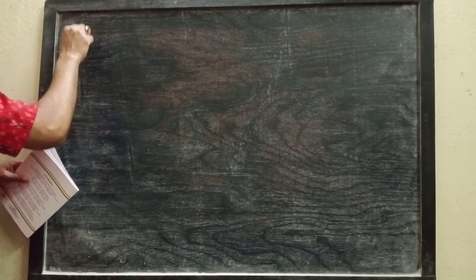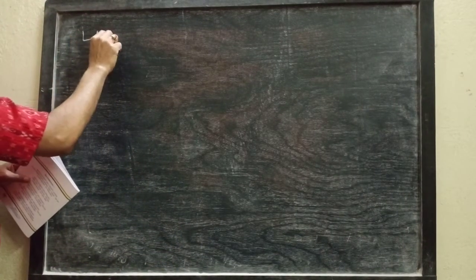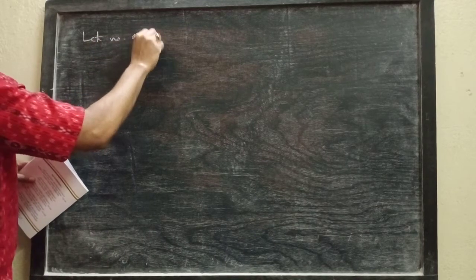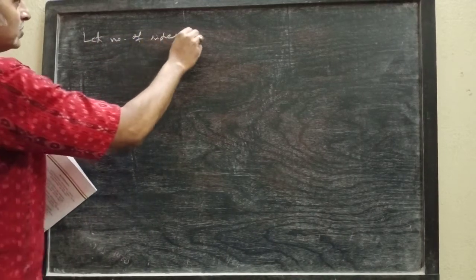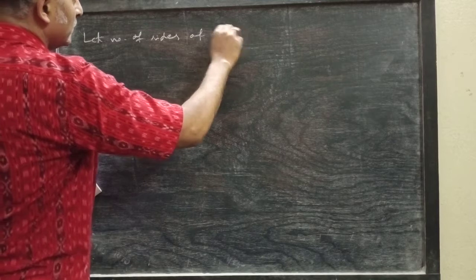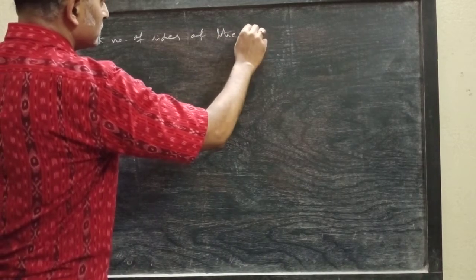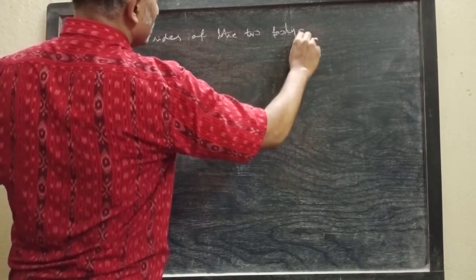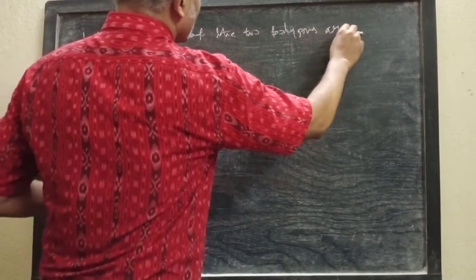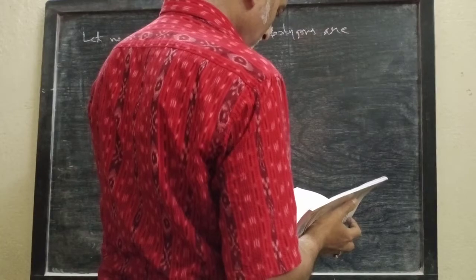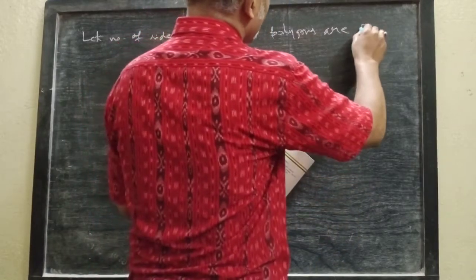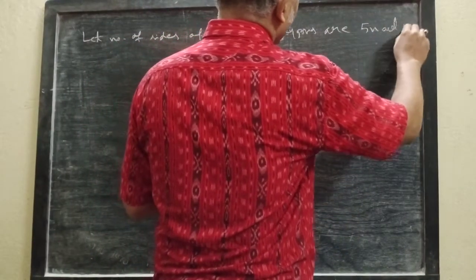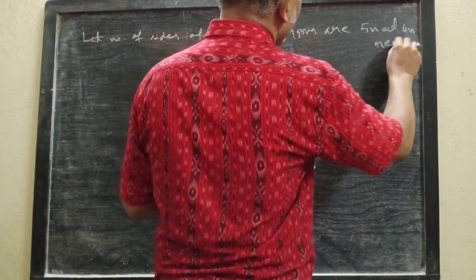So let the number of sides of the two polygons be 5n and 4n respectively.